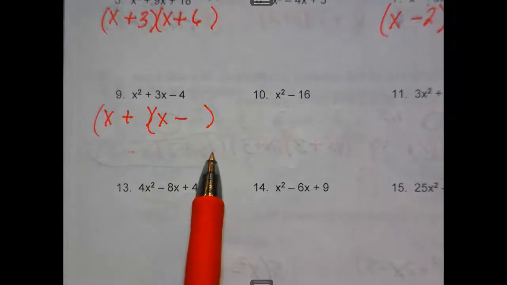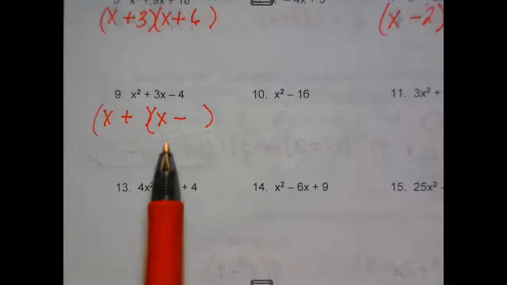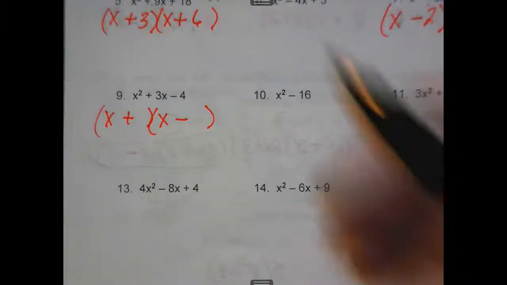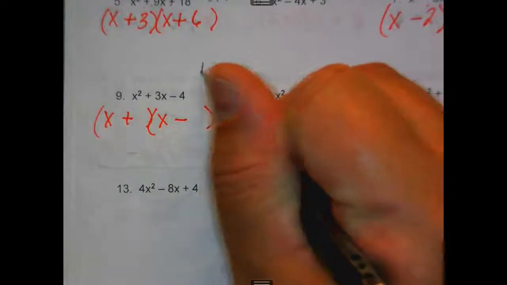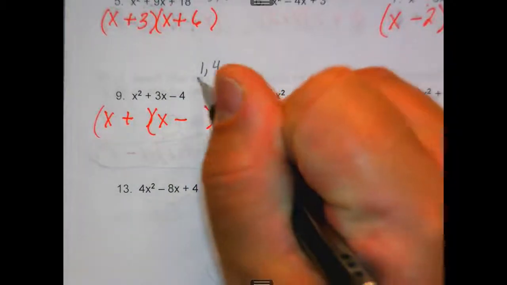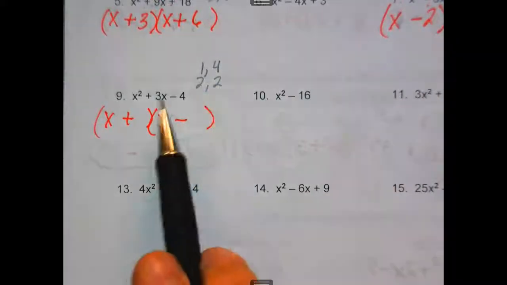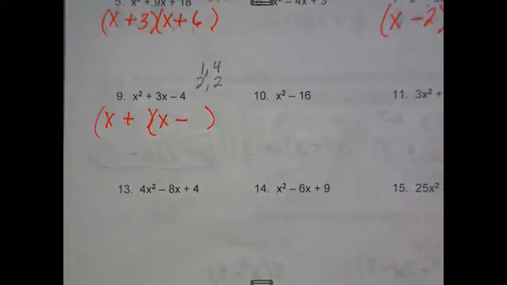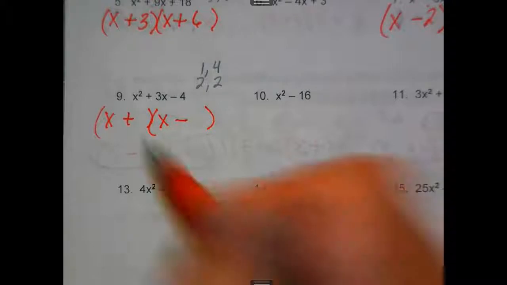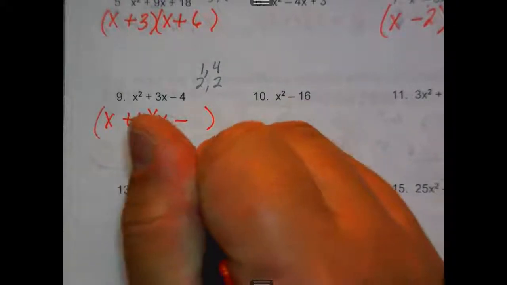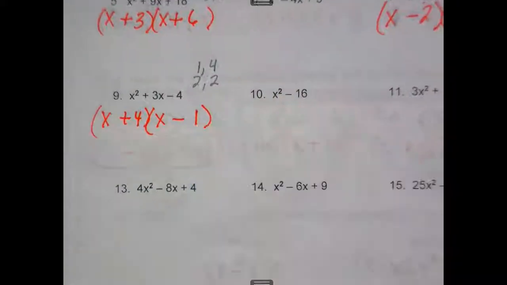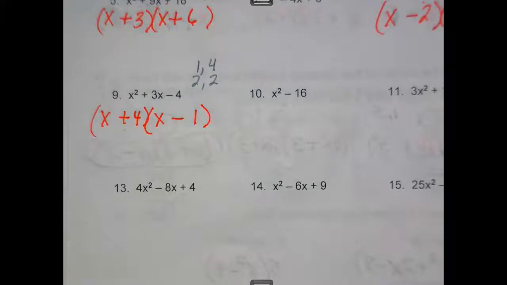I'm going to be subtracting the factors, right? Okay. Factors of 4. 1 and 4, 2 and 2. Now, if I subtract these, which one's going to give me a positive 3? 4 and 1. Okay, where's the 4 going to go? It's got to go with the positive. And the 1's going to go with the negative. Got it?